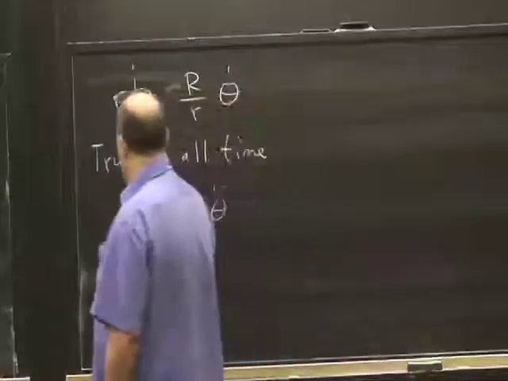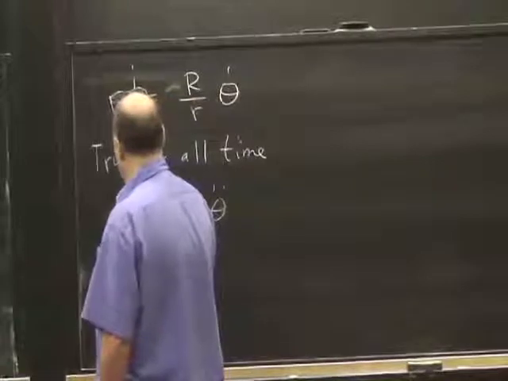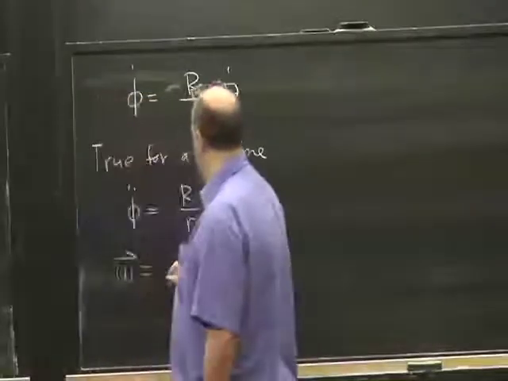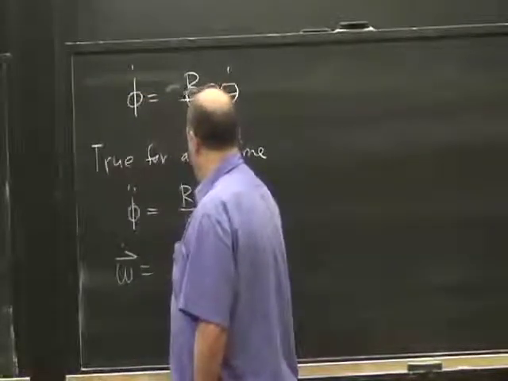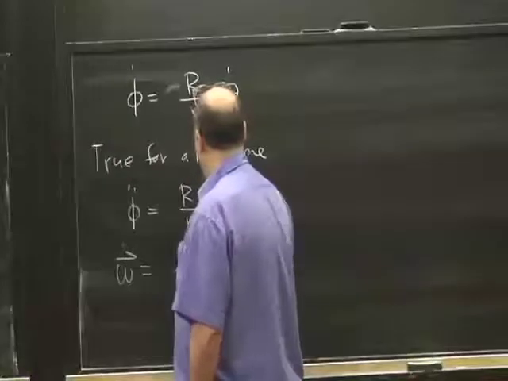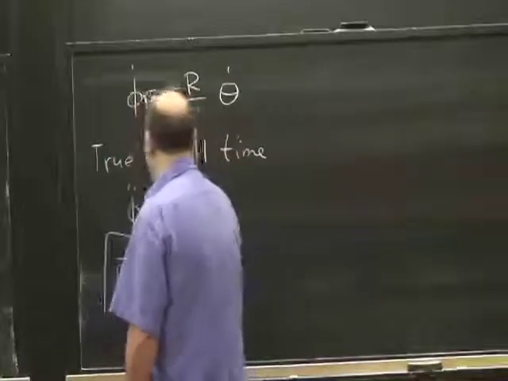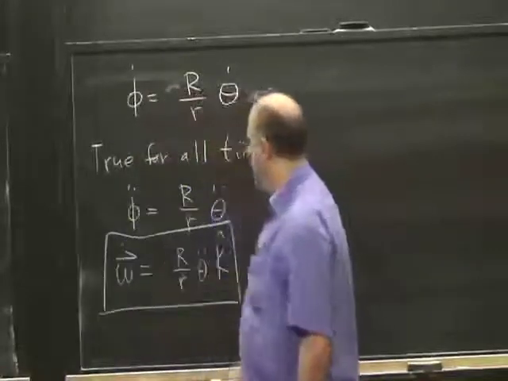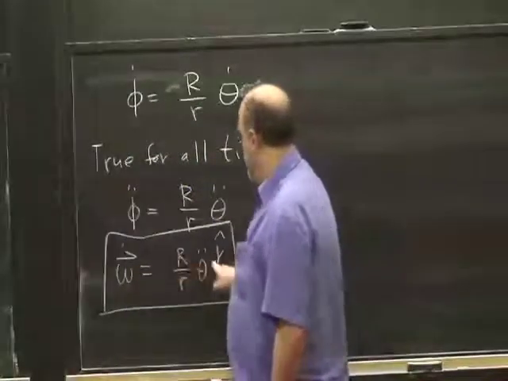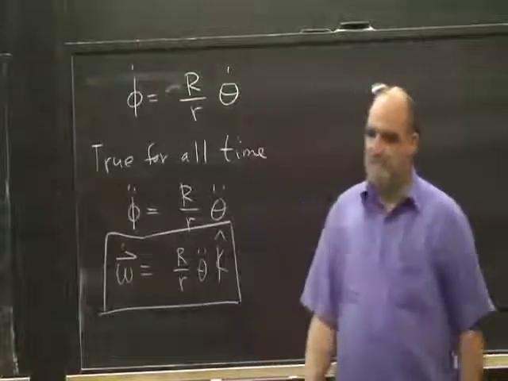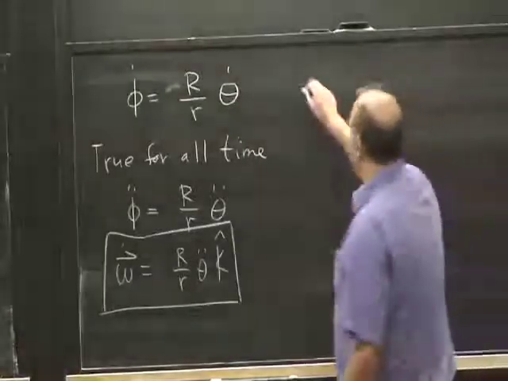Or we can write then that omega dot is equal to R over R theta double dot K. So we can write the angular acceleration in terms of theta double dot. Now what about the acceleration of point G?